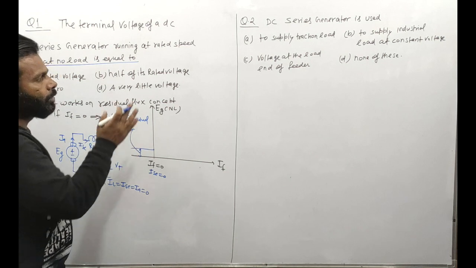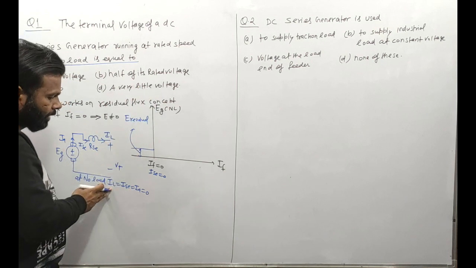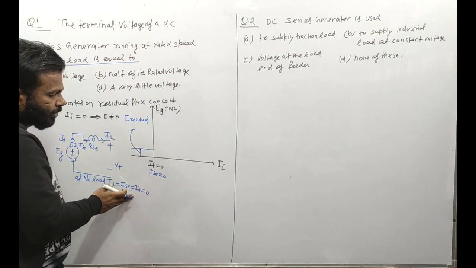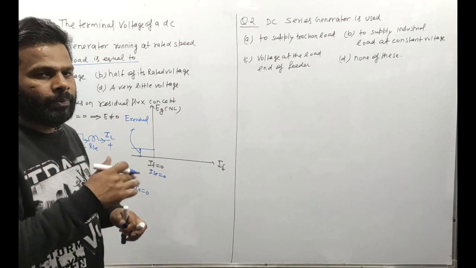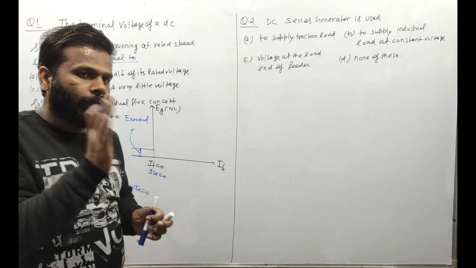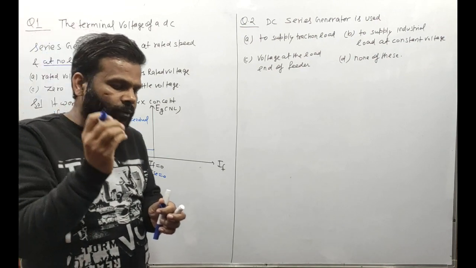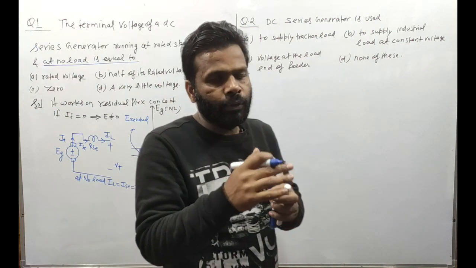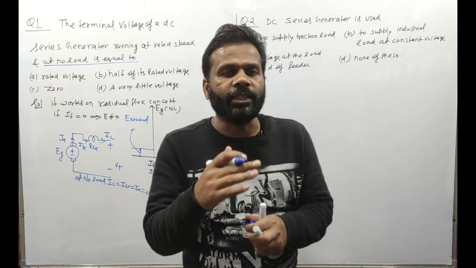Now when a load is connected, there will be load current, then the series field current and armature current, then the flux will add up to this residual flux, and when this added flux gives you the EG, then EG increases, and so on.